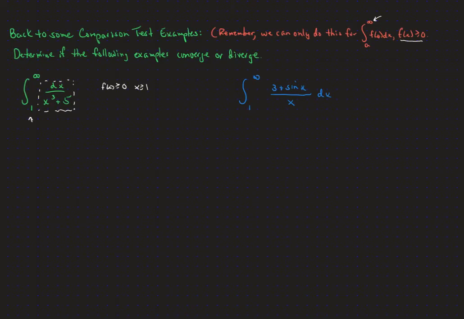So it's going to meet that criteria. Now, what to do? We can't necessarily integrate. We can try to figure out a way to integrate it, but really what we want to do is see what this is going to act like. As x goes to infinity, that plus 5 is going to be pretty insignificant. Our function is going to act like 1 over x to the third.